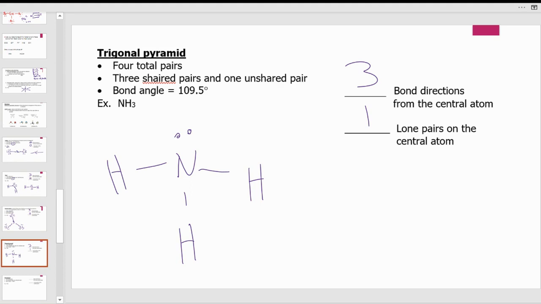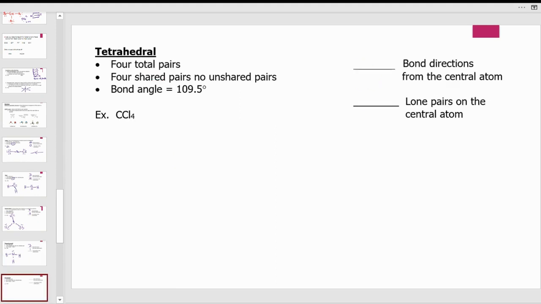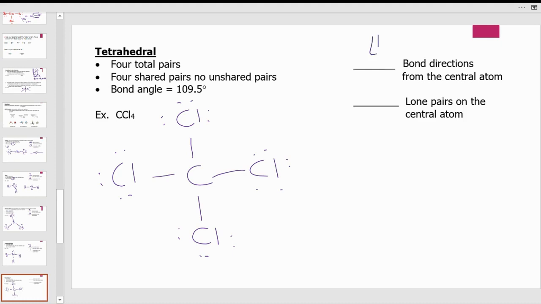Cool? There's other fancy shapes in AP chemistry. Oh, wait, one more. Almost forgot about it. We got the tetrahedral. How many directions is the carbon going in? Does it have any extra pairs on the carbon?